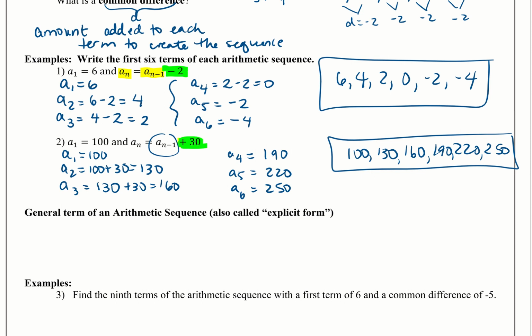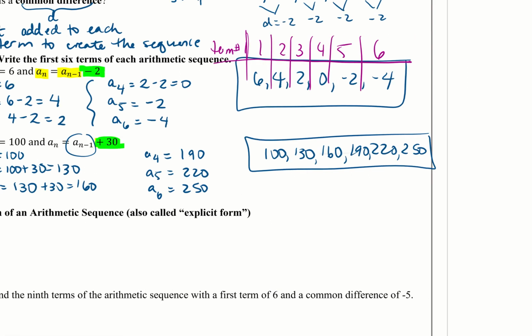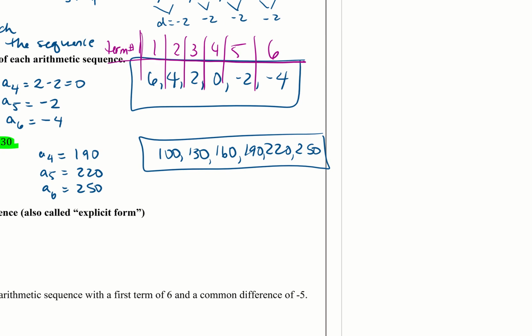When it's written in the general form, it's a little bit different. So just a side note really quickly. Let's say I took maybe example 1, and I recognized that if I do the term number as an input, and then the output would be the value, if I took a moment to just plot these as ordered pairs, where I would have 1, 6, 2, 4, 3, 2, 4, 0.